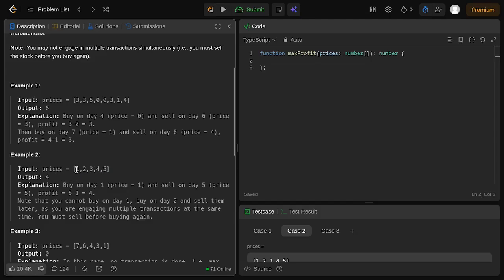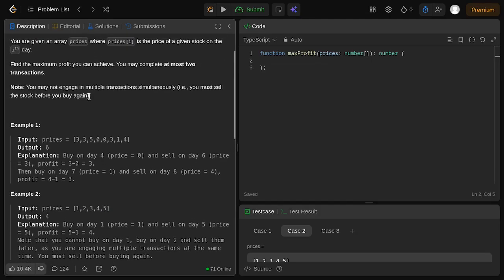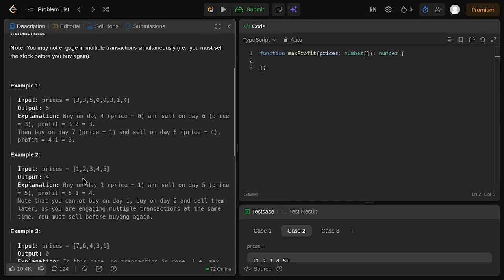It's because we may engage in either 1 or 2 transactions in the prices array. Since 4 is the highest profit that we can get, we can just cover the whole transaction from day 1 to the final day, so we get the maximum possible profit that we can achieve.